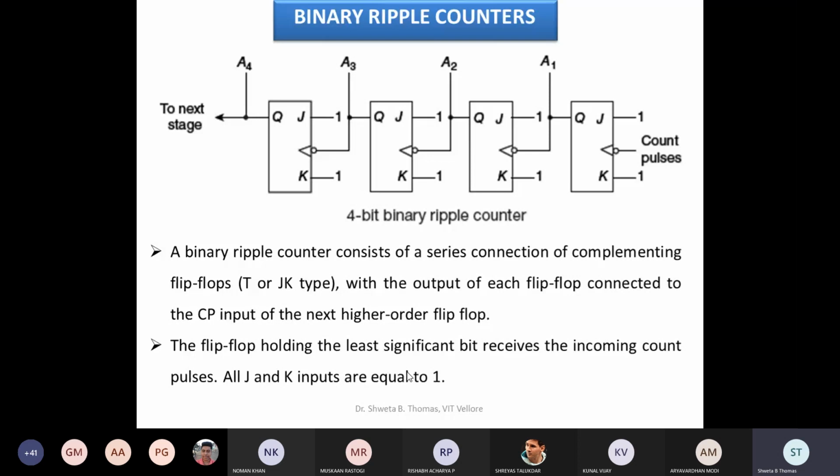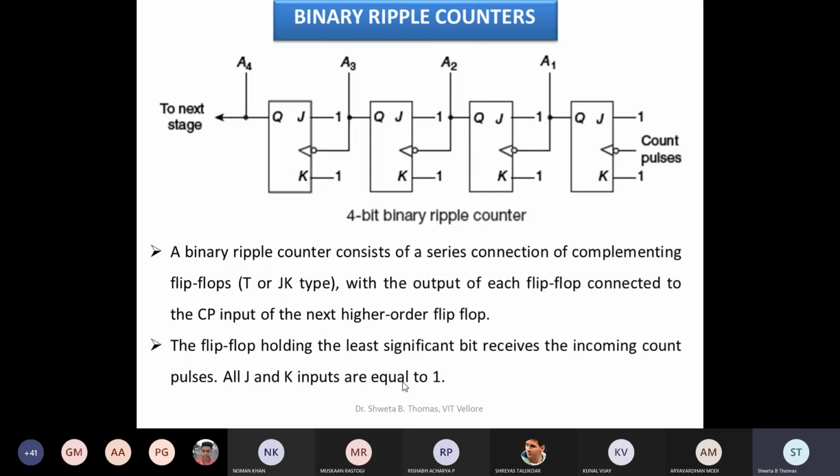So the first flip-flop, the rightmost one, has J and K equal to 1, and when CP goes from 1 to 0, it will complement A1. This A1 output of the first acts as the CP input of the next.